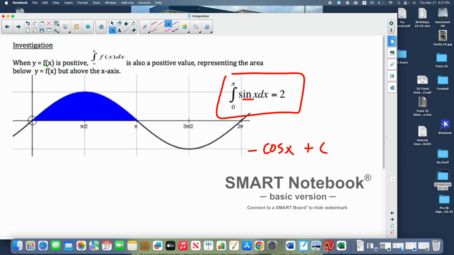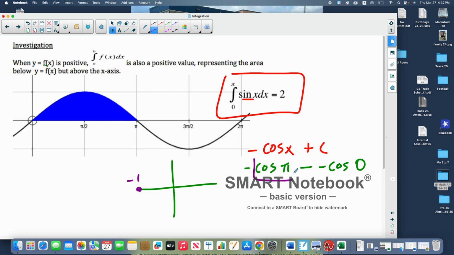If I evaluate this now, I get negative cosine of pi minus negative cosine of 0. If you think about the unit circle, pi is right here. That's got a value of 1, but it's negative, so this is negative 1.